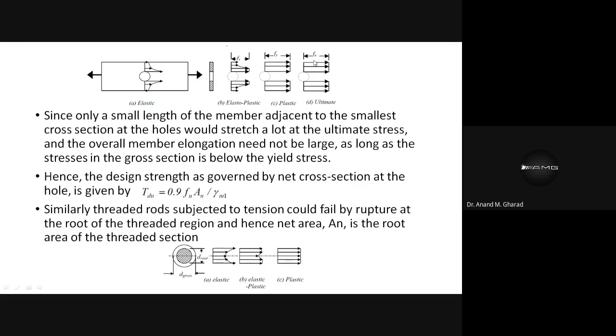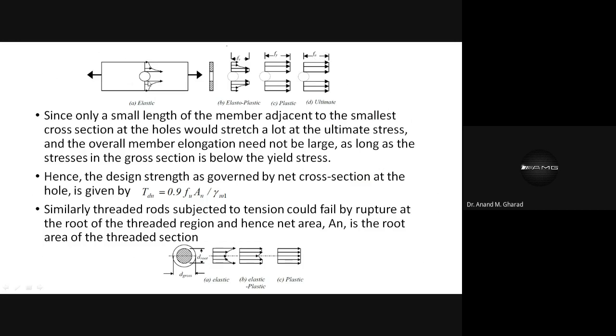That only this much portion of the area, okay, only this much portion of the bolt hole is under Fu value. Okay, rest of the plate is yet to go into the ultimate stress value.